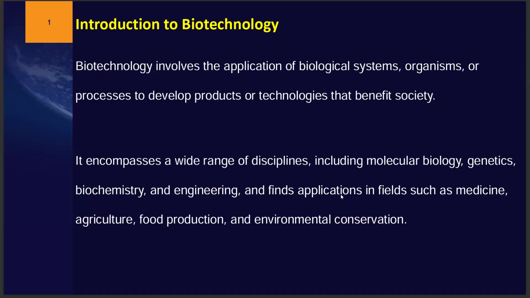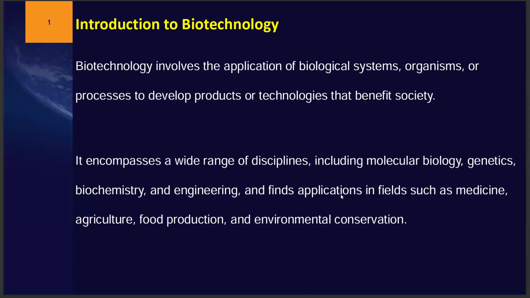So in a nutshell, it encompasses a wide range of disciplines like molecular biology and genetics. When you look at genetics, we look at your genes, then biochemistry and engineering. And of course, all this finds its application in medicine, agriculture, which is one of the areas that I'm doing research in, genes of plants, and then also food production and environmental conservation.